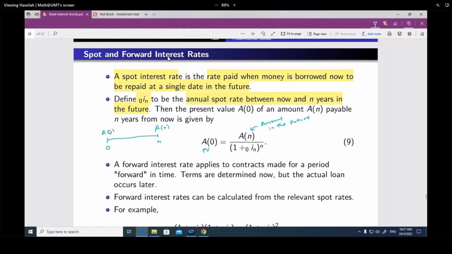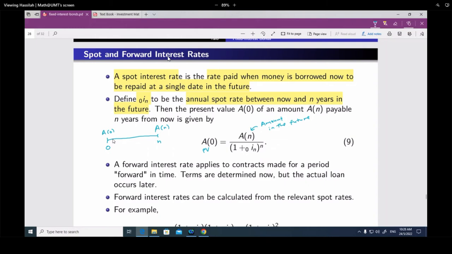How do you relate A0 and AN? Kalau you tahu A0, you nak tahu berapa yang kena bayar, you kena tahu apa interest yang berkenaan, kemudian you boleh accumulatekan.